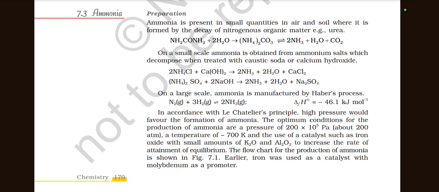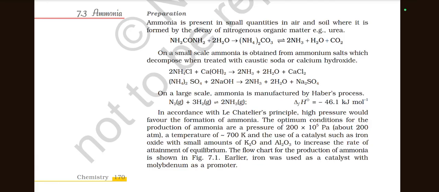Ammonia. Ammonia is present in small quantities in the air and soil, where it is formed by the decay of nitrogenous organic matter. On a small scale, ammonia is obtained from ammonium salts, which decompose when treated with caustic soda or calcium hydroxide. In accordance with Le Chatelier's principle, high pressure would favor the production of ammonia.